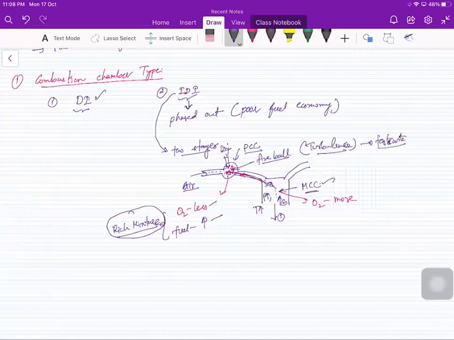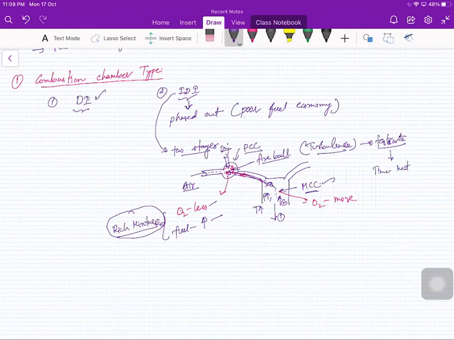The moment it moves at a higher rate, the time available for mixing with the air will be less, so time is not sufficient to get mixed properly.